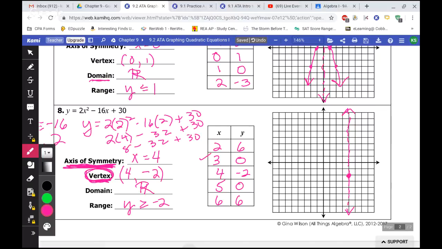I'm going to go over 3 and not move up any. I'm going to go over 2 and go up 6. 1, 2, 3, 4, 5, 6. And then I'm going to go over 5 and not go up any. And my symmetry's already there. And then over 6, up 6. And there's my symmetry. And I've got my U-shaped parabola.